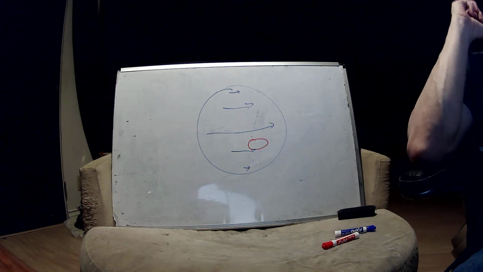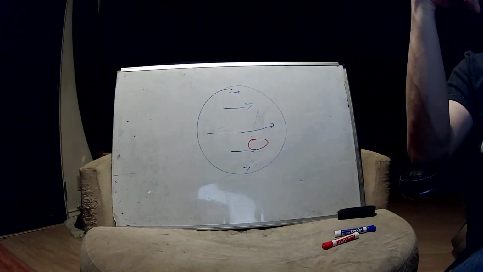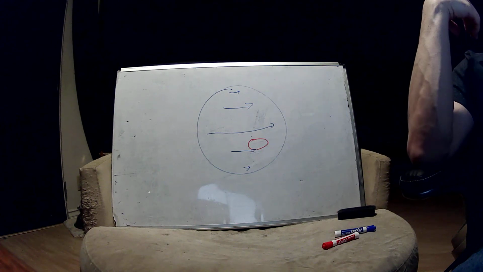Now, because it has such a strong magnetic field, it actually has an aurora, similar to our own aurora borealis and aurora australis here on Earth.